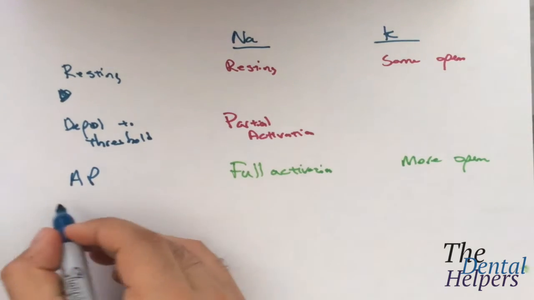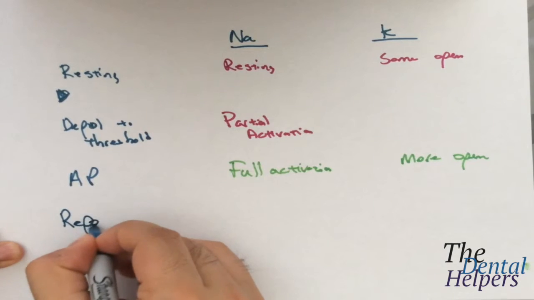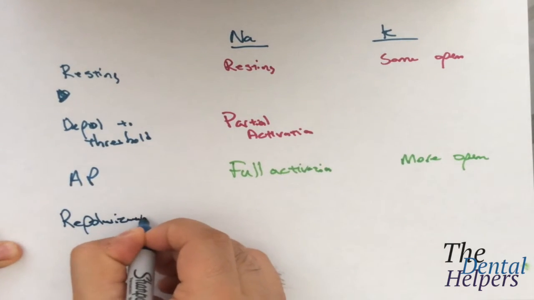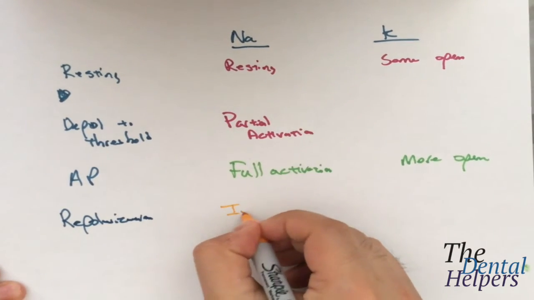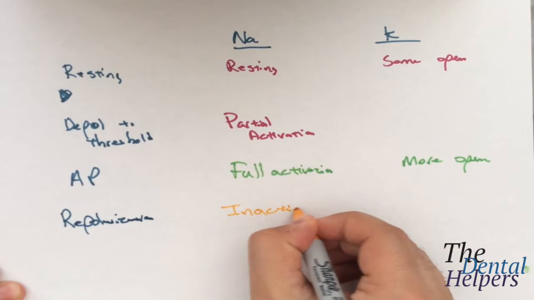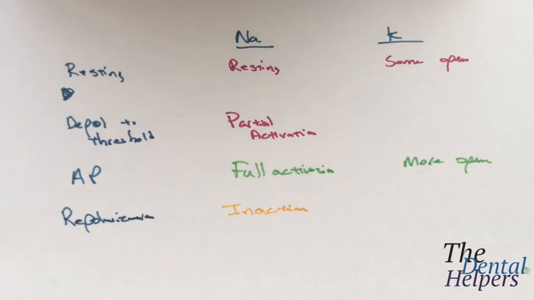And now that we go to repolarization, what we're going to find is that the sodium channels are going to be in an inactivated state, meaning that the inactivation gate is now closed, even though the activation gate is still open.